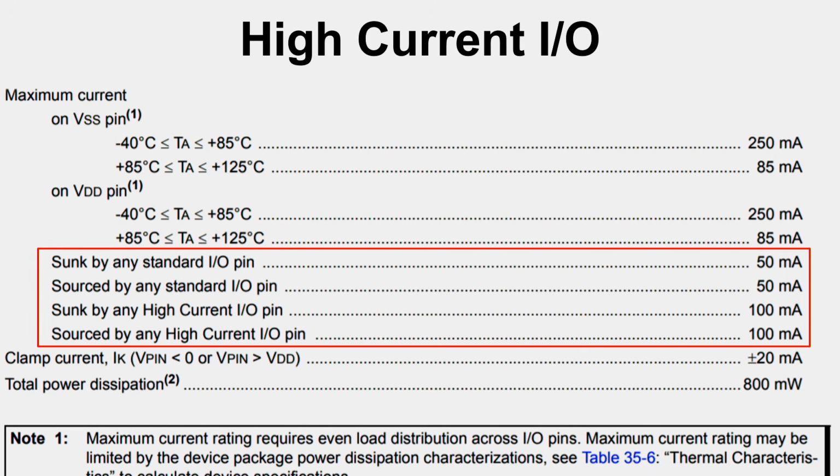Every data sheet will have this at the back end of the electrical specification. This is actually the first page of that section. Right, and this is the spec for one of our devices called PIC16F1619, and it has the high current I/O capability. So most standard I/O pins we can drive up to 50 milliamps, which is already a lot compared to others.